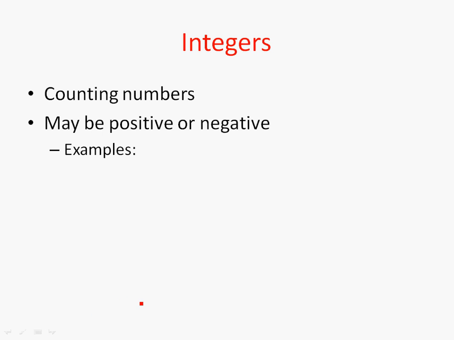A special type of real number, and a word that you want to know both for the rest of the year and for the rest of your math life, is integers. Integers are the counting numbers, and they may be either positive or negative. So for example, -1, +2, 10, -25.